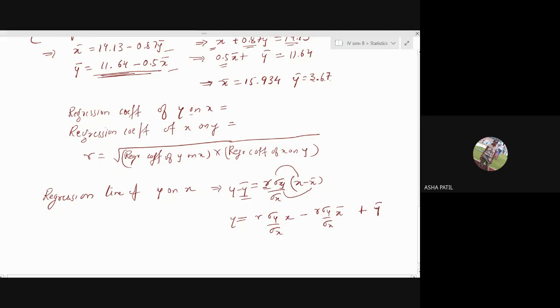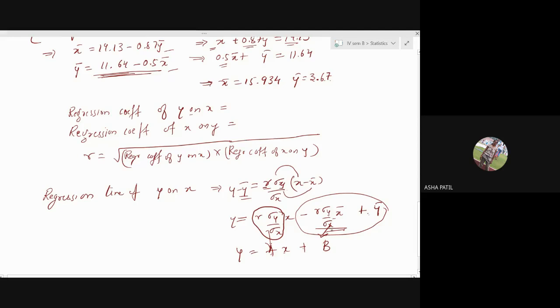We have done such examples already. So this is our line of regression, where R sigma y by sigma x is some constant a, and y bar minus this term is again some other constant b. So y is equal to ax plus b, where a is a constant and b is also a constant.